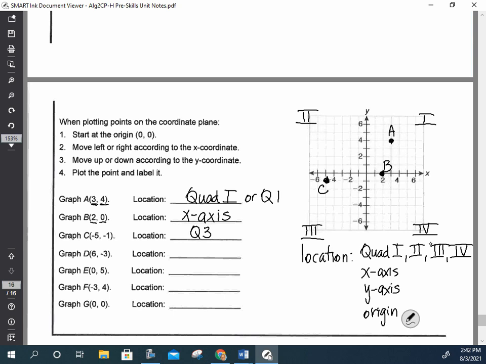Point D: start at the origin, go to the right 6, then go down 1, 2, 3. And that's in quadrant number 4.